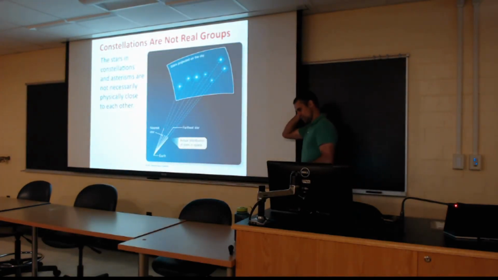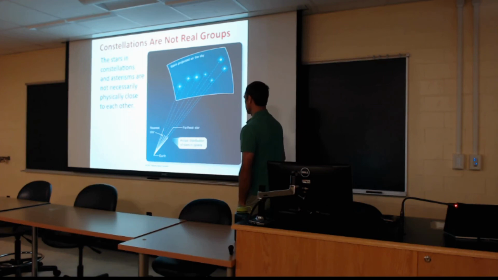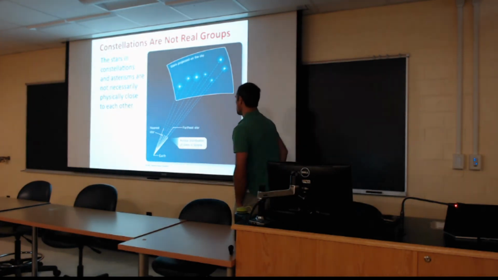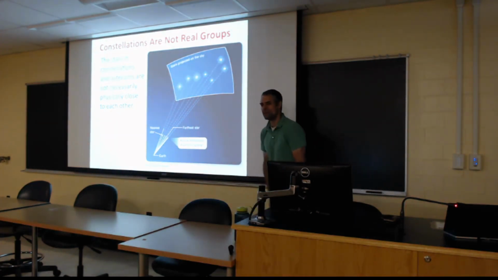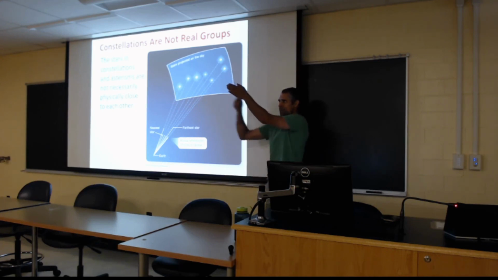I bring this up mostly as a point of interest, not because it's important for your particular observations, but the constellations are, of course, not physically grouped together on the sky. In astronomy, we always struggle with that third dimension of distance. So we know on the sky one direction and the other direction, but it's that third dimension that we don't know.